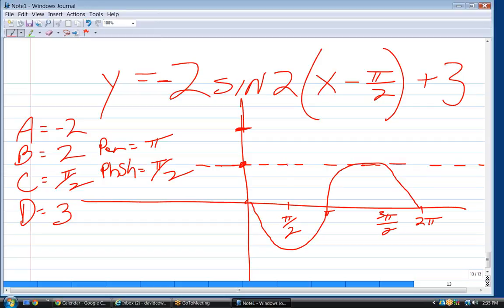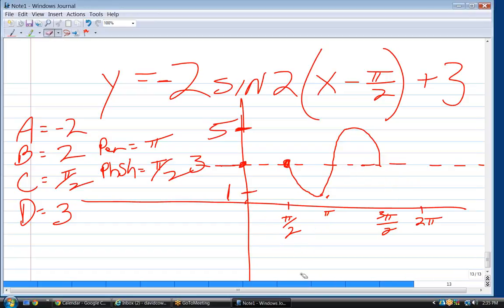I know that I'm going to start here. I'm going to go down 2 units, so I'm going to go down to -1. And I have to end at 3 pi over 2. So something like that, where it goes up to 5, down to 1, and in fact, that's it.